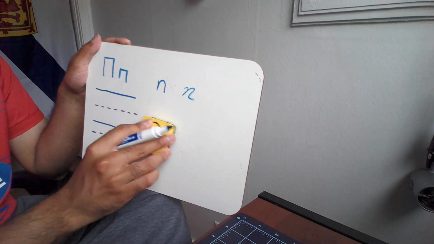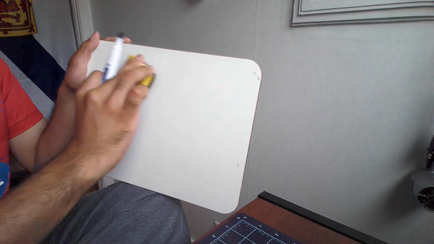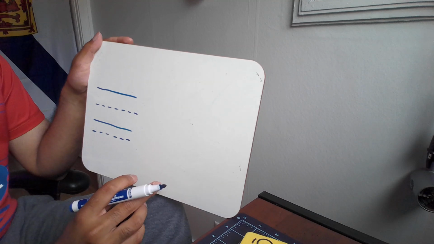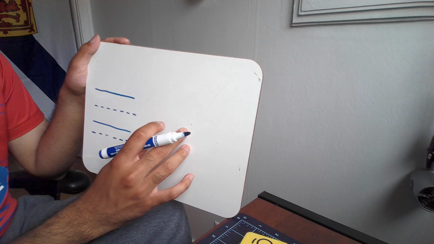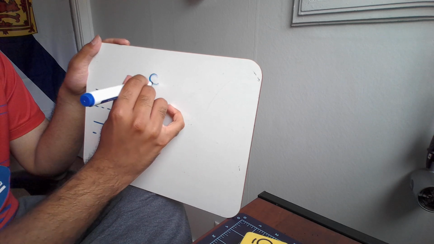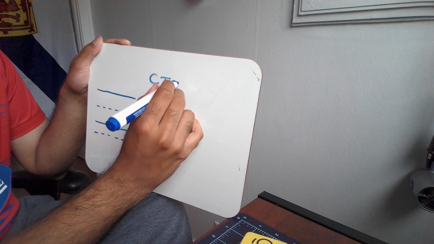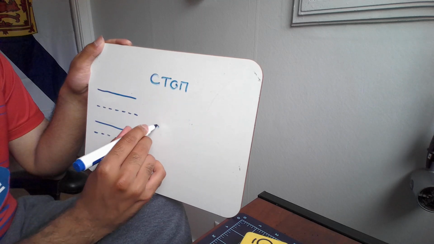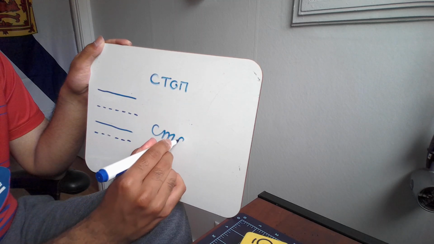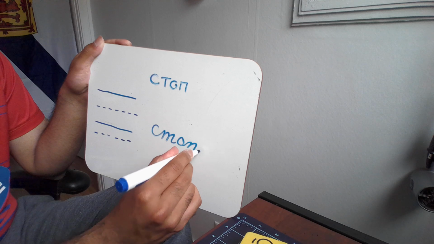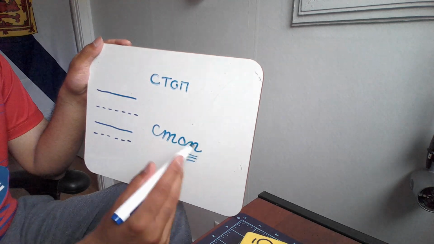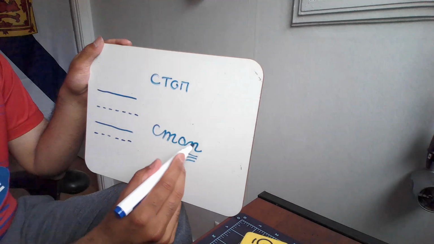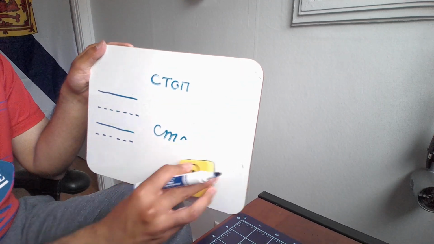So a word like stop. We haven't seen a couple of these letters yet, but just so we can focus on the P, it looks like a lowercase n in English.